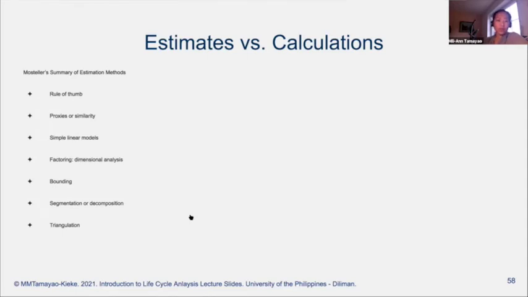Proxies or similarities. Again, I recall from yesterday, one of the suggestions for the thesis is that since the Philippine data is outdated, the proxy would be data from Taiwan. That was the suggestion. But I had to ask, is using Taiwan data for the Philippines in terms of waste characterization a reliable proxy?